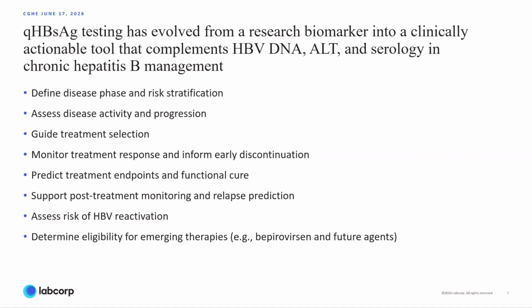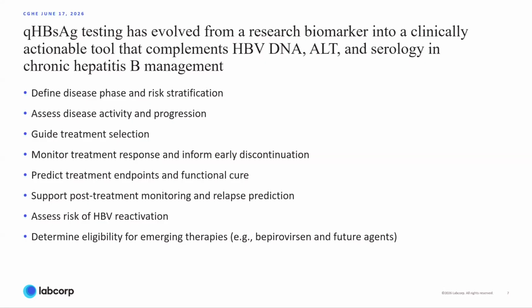Utilization of the test to define disease phase and risk stratification, to assess disease activity and progression, to guide treatment, to monitor treatment response and inform early discontinuation, to predict endpoints and functional cure, to support post-treatment monitoring and assess for the risk of reactivation. And then obviously now at the forefront to determine eligibility for emerging therapies.